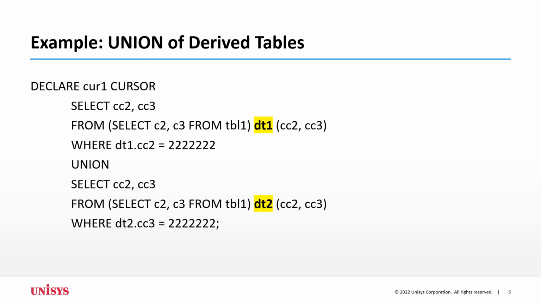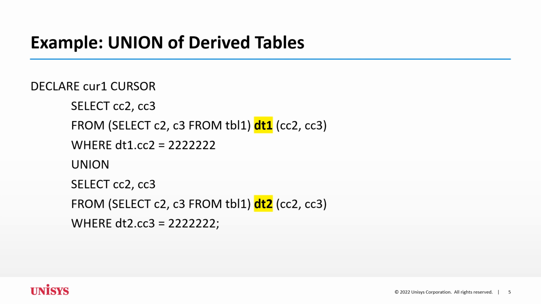The following slides contain a few examples to demonstrate how you can now use derived tables and common table expressions with union or union all. All of these examples used to return an RDMS 22800 error.